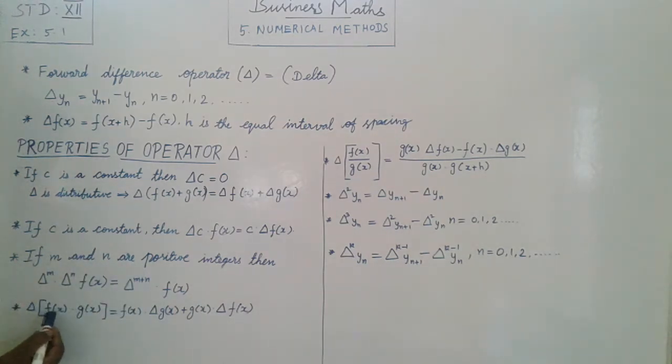Next, delta of f of x into g of x equals f of x into delta g of x plus g of x into delta f of x.